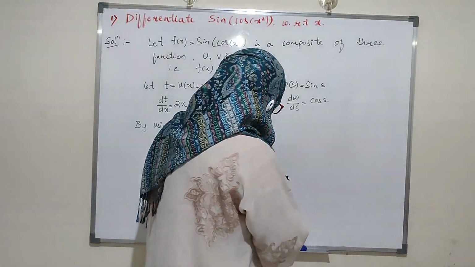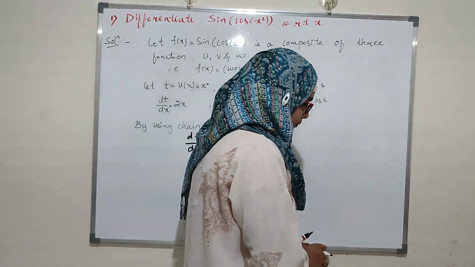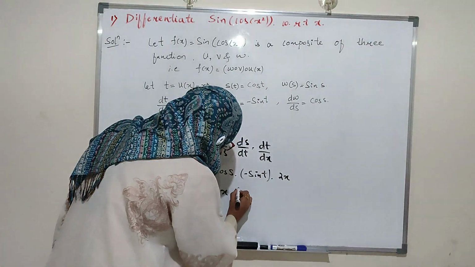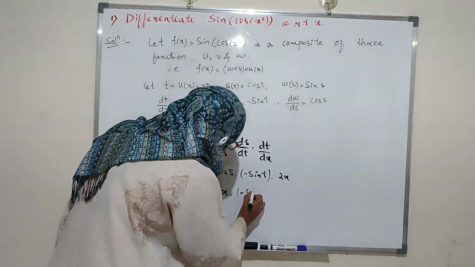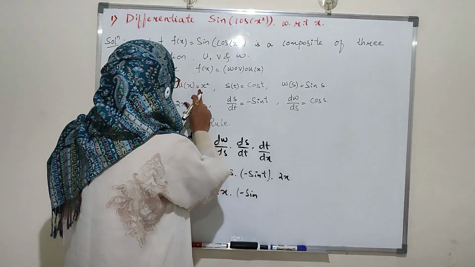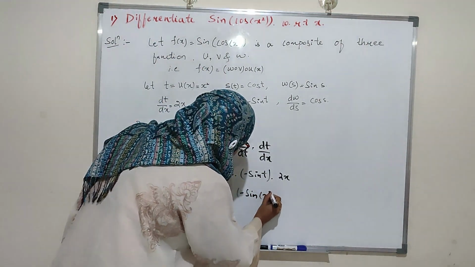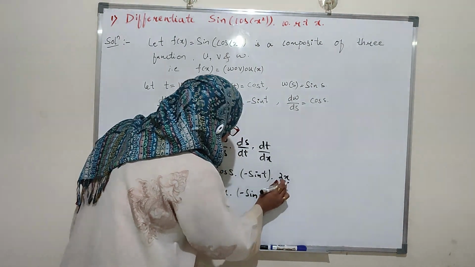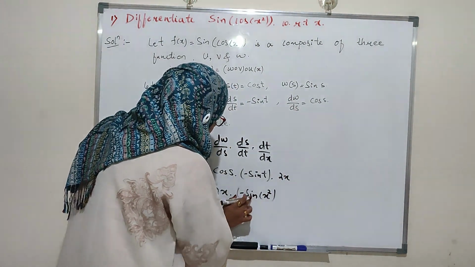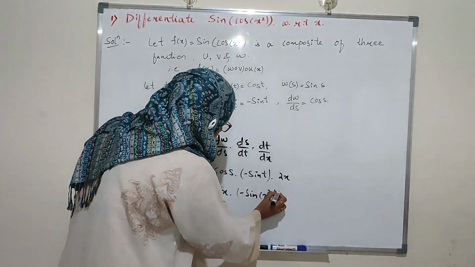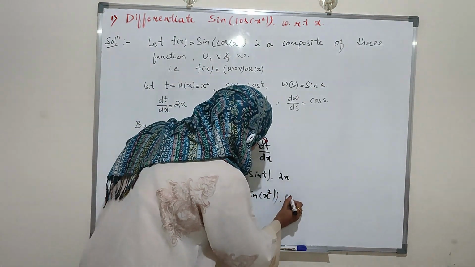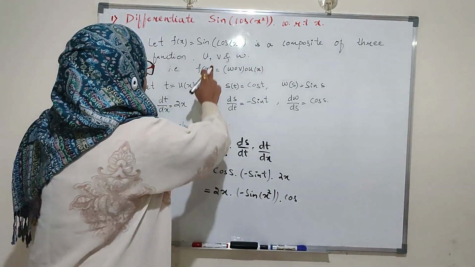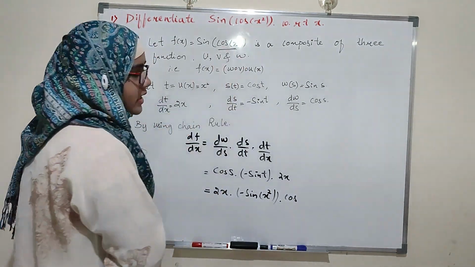Now write what is sin t. Write first minus sin t, the value of t we are taking as x square. So write minus sin, it is x square. I am taking this 2x first, then the middle term minus sin t is minus sin x square, into cos of this whole term, cos x square.